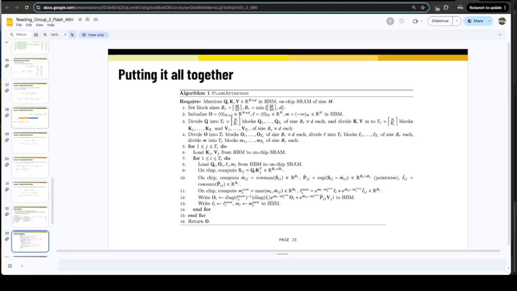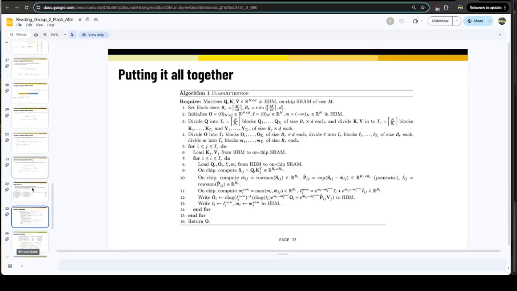So the key thing here is you choose your block sizes based on your SRAM size so that everything fits onto SRAM, right? So why is BR the minimum of M divided by 4D? If you do the math out, it's so that all these tiles and their resulting intermediate products can fit into fast GPU memory, or SRAM.